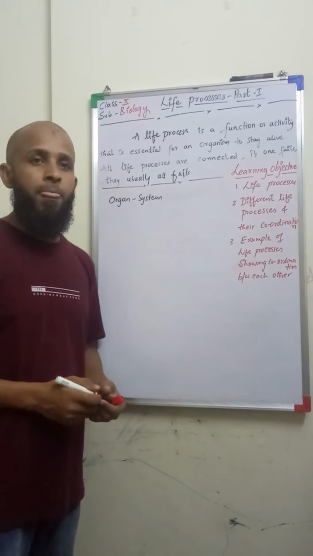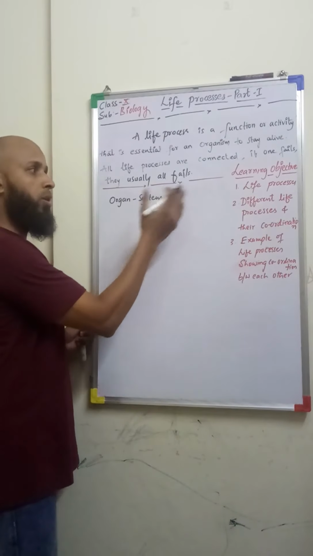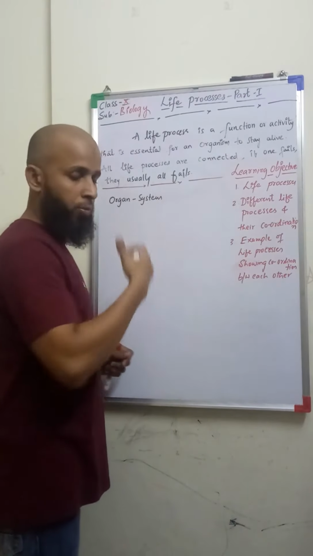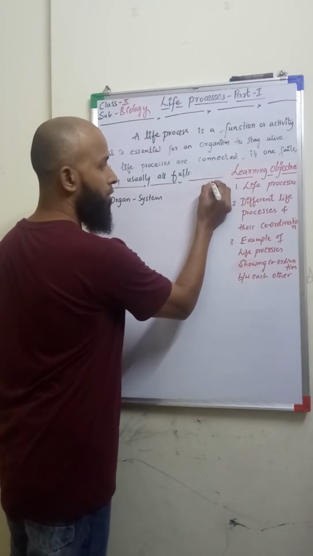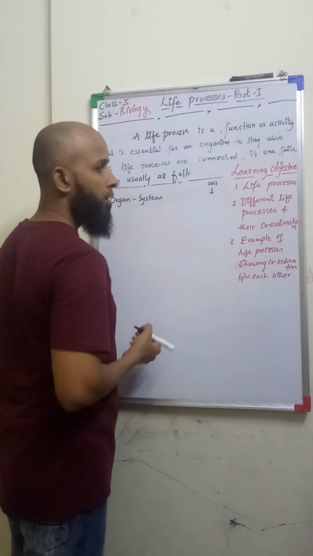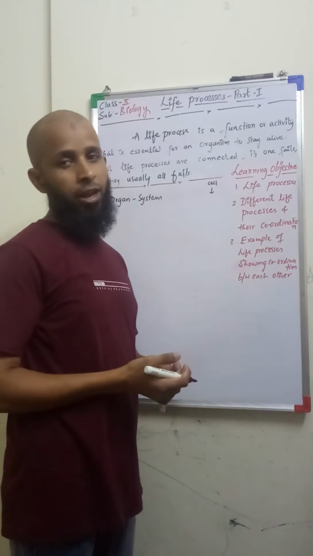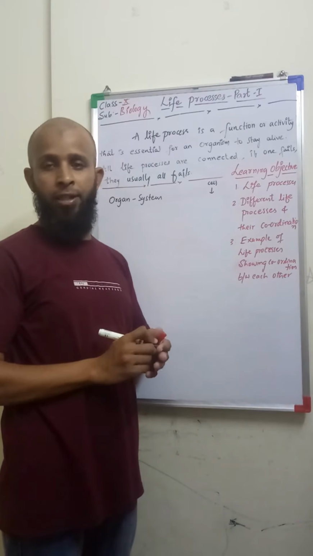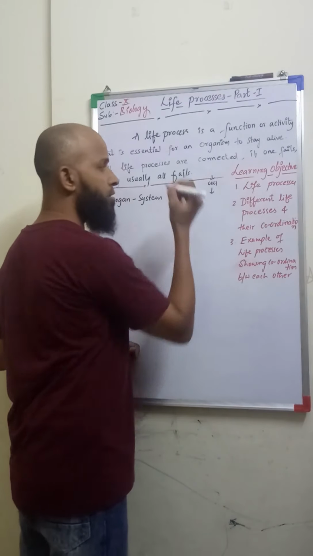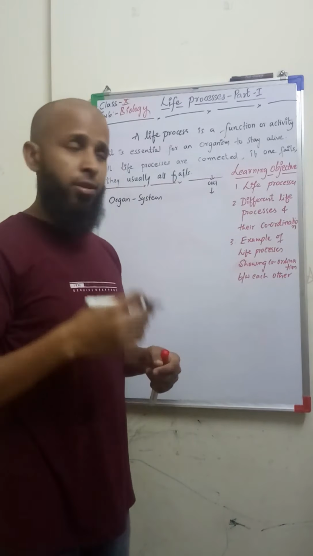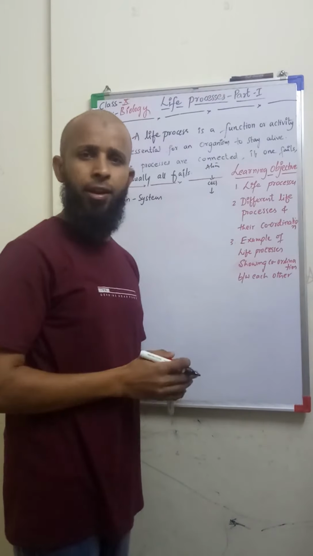So now we have different organ systems. How does human organization take place? A cell is the basic structural and functional unit of living organisms, which you studied in your 9th and lower classes, right? And how is the cell formed? The cell is formed from atoms, small tiny particles.